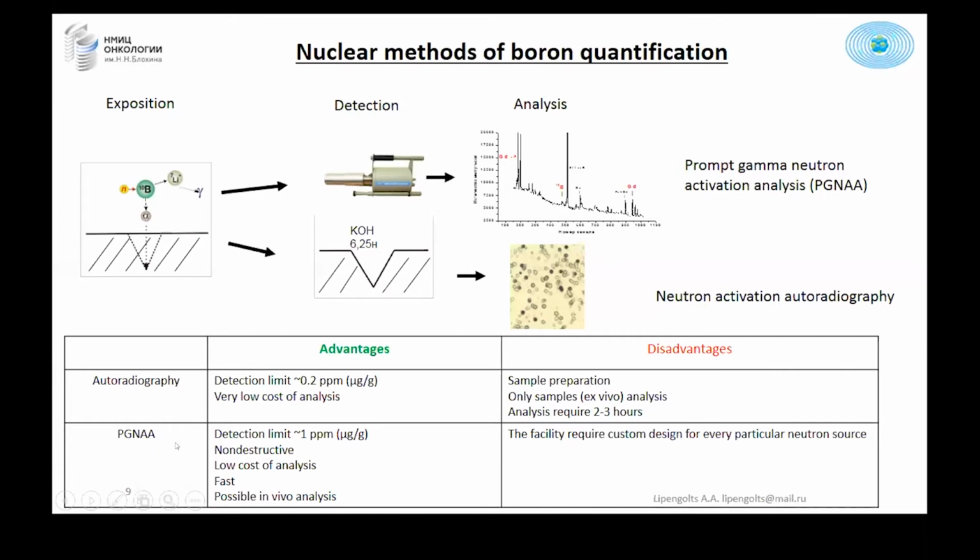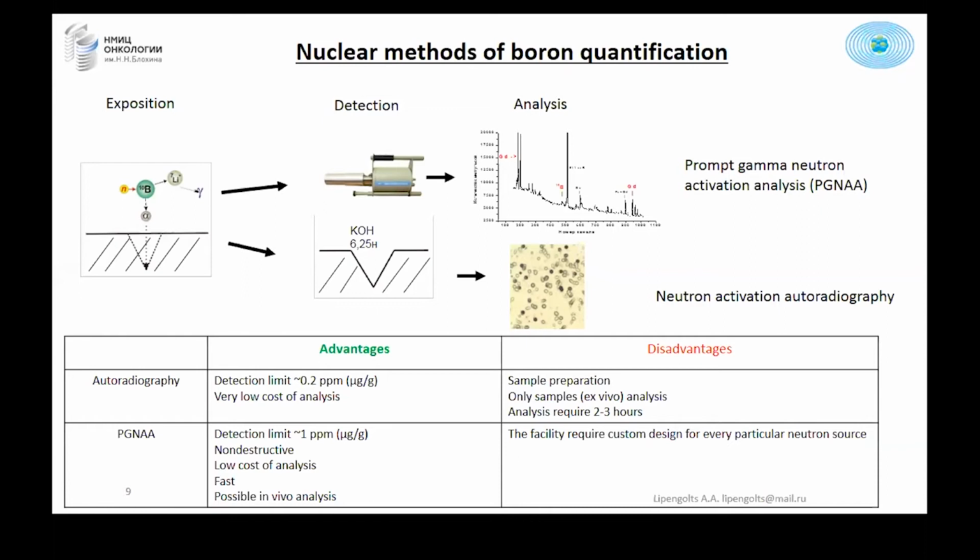Prompt gamma neutron activation analysis has a similar detection limit. Its advantage is that it's non-destructive. The sample doesn't need to be pre-processed, so it can be measured as it is. It has comparatively low cost of analysis because it doesn't require any consumables. It's comparably fast. It depends on the boron content.